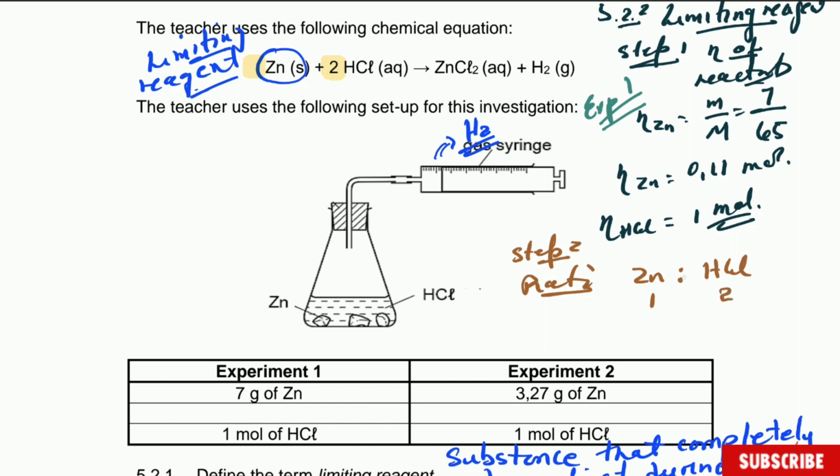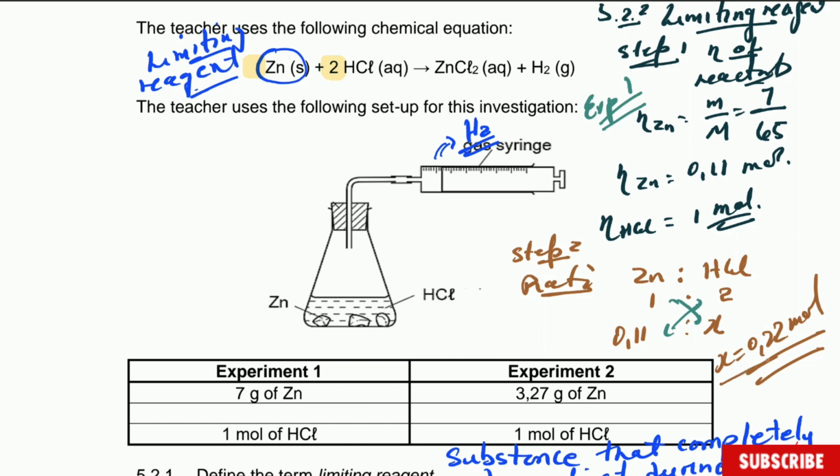Zinc, we calculated, we can use it. We say if we have 0.11 mole of this one, how much hydrogen chloride will I need? I'm going to do a cross product here. That means I need 0.22 mole of hydrogen chloride.